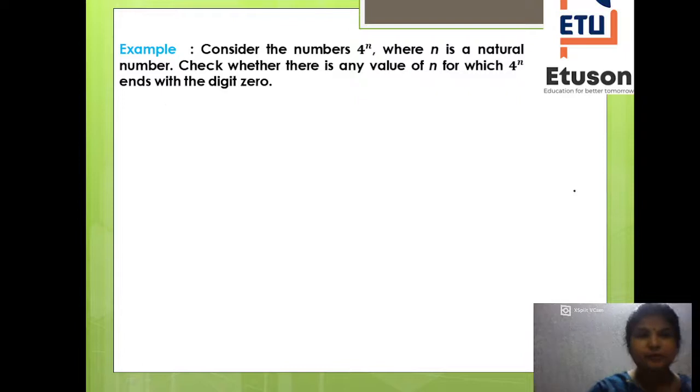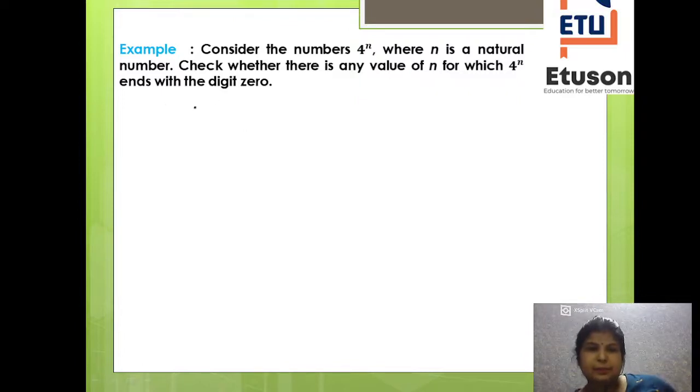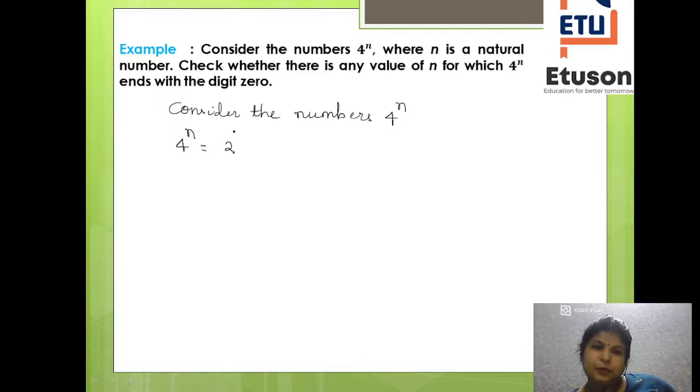Okay, so consider the number 4 to the power n. Now 4 to the power n is equal to 2 to the power 2n, that is, 2 is the factor of 4.